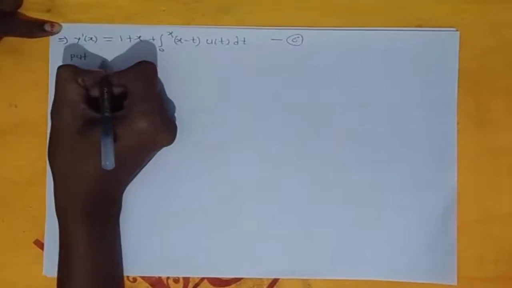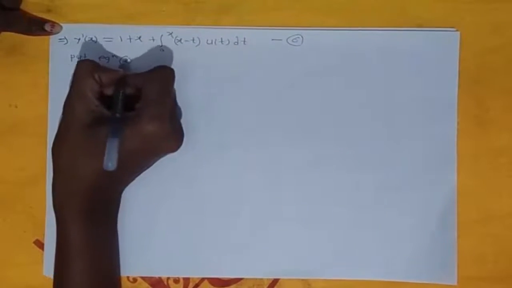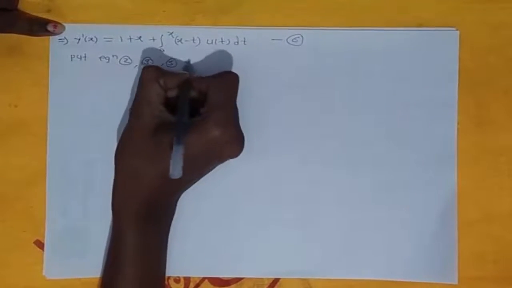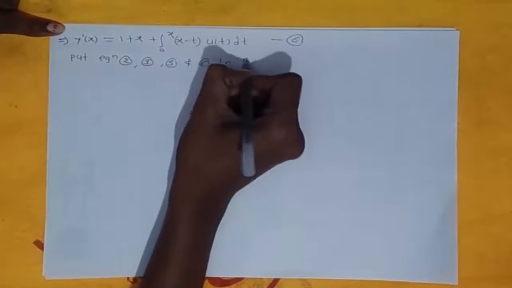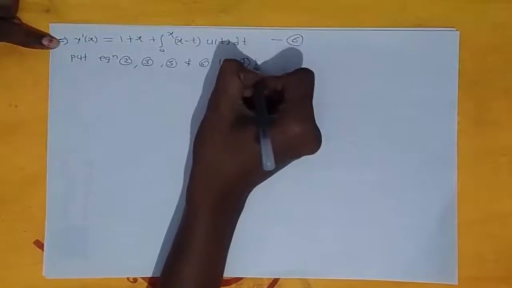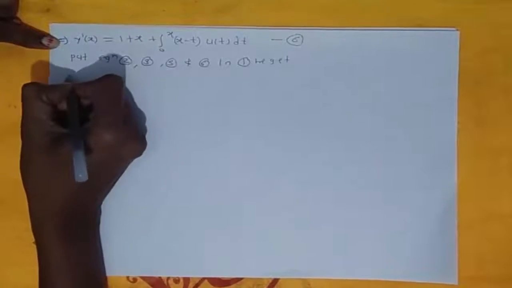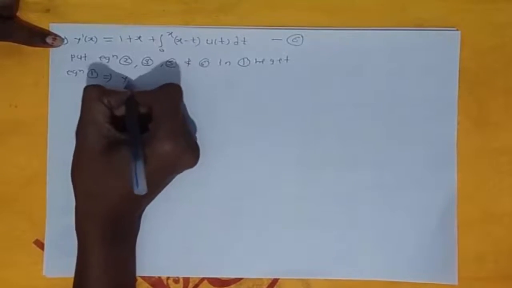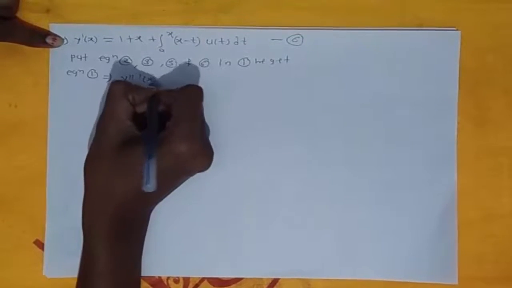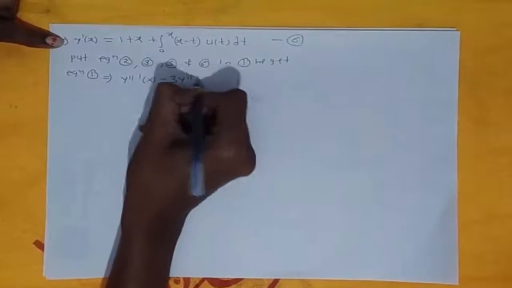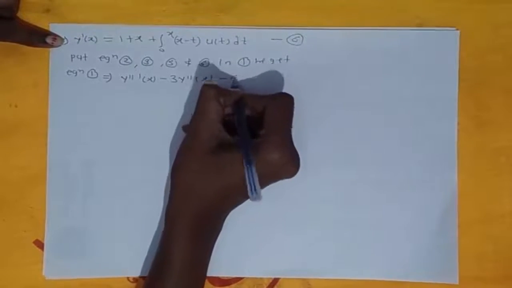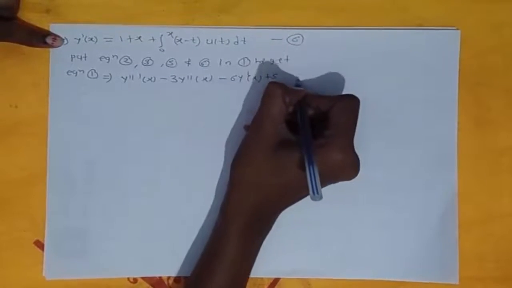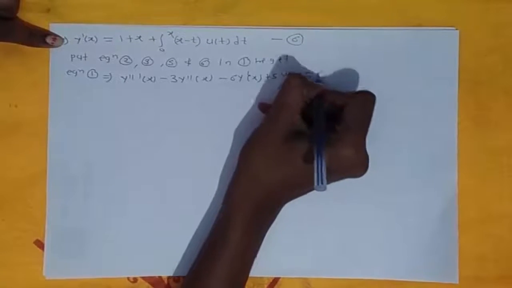Then put equation number 2, 3, 5 and 6 in 1, we get equation number 1, we can write y triple dash of x minus 3y double dash of x minus 6y dash of x plus 5y of x is equal to 0.